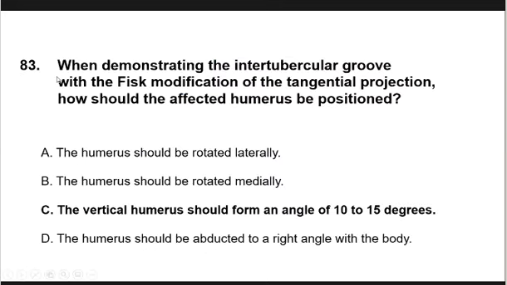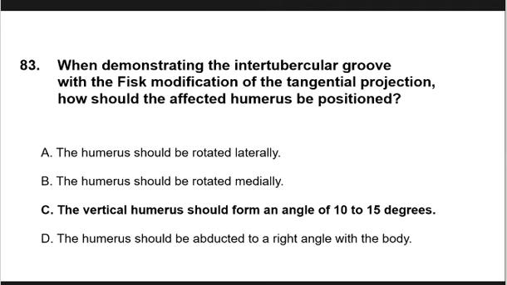Okay, next question. When demonstrating the intertubercular groove with the Fisk modification of the tangential projection, how should the affected humerus be positioned? When we say tangential projection, the body part being x-rayed is the one being angled.